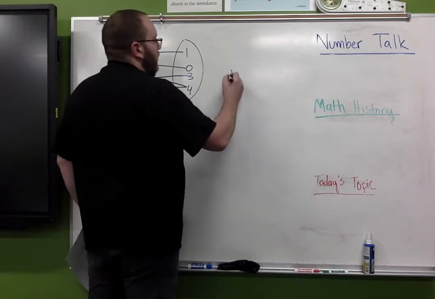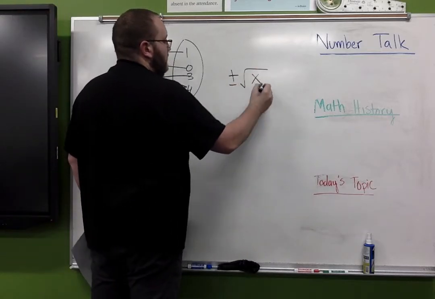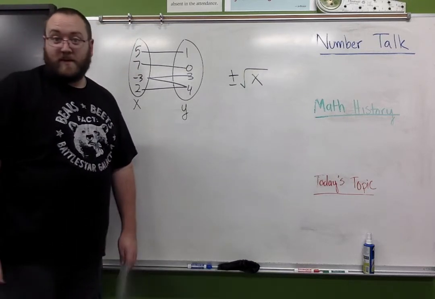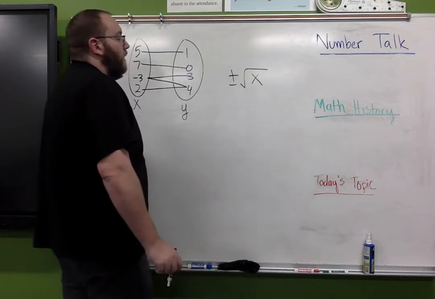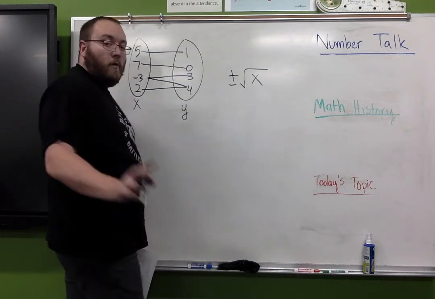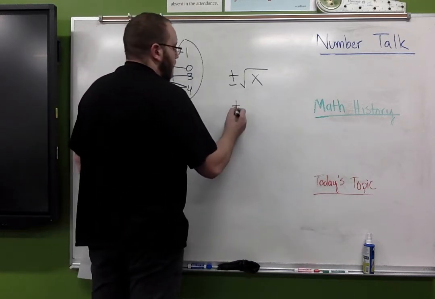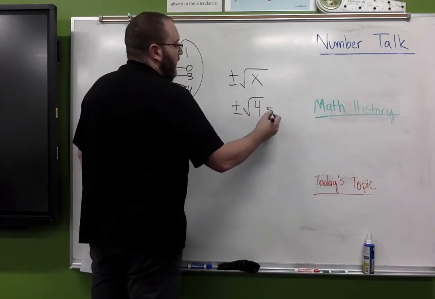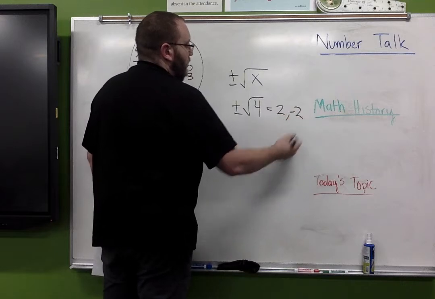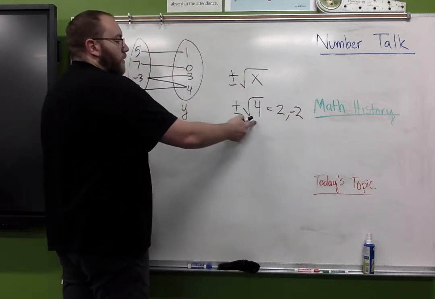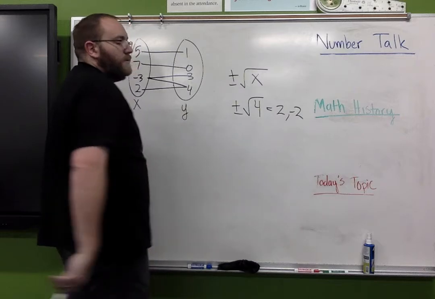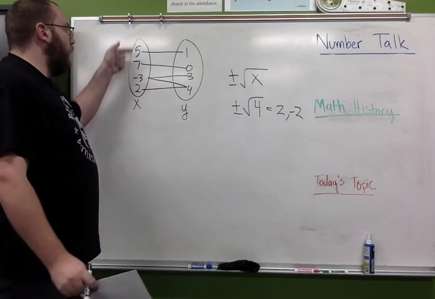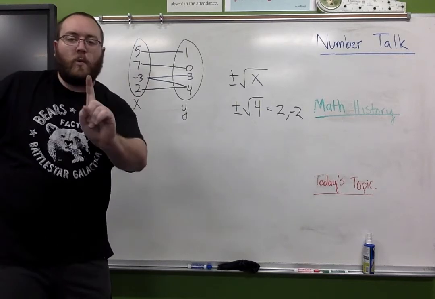Okay, this function right here, plus or minus the square root of x, is not a function. So I shouldn't have said function. Because if I plug in 4 for x, I get positive 2 and negative 2. So I have one x value, but I get two different y values for that one x value, so not a function. Okay, so a function is where every x value has only one y value.